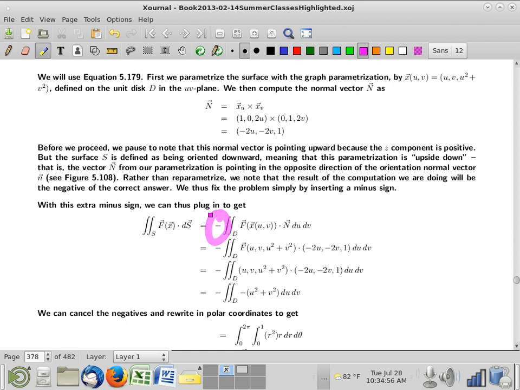That minus sign is an acknowledgement that we parameterized upside down, and then proceed. You can use the backwards normal vector that I already computed. Just put in this fixer minus sign, and you're fine. Everybody see the idea there? You got to be careful about this. This is a big deal. If you're not careful with your orientations, namely if you use a capital N that's backwards, and if you don't fix that, then you're going to get the wrong answer by a factor of a minus sign.